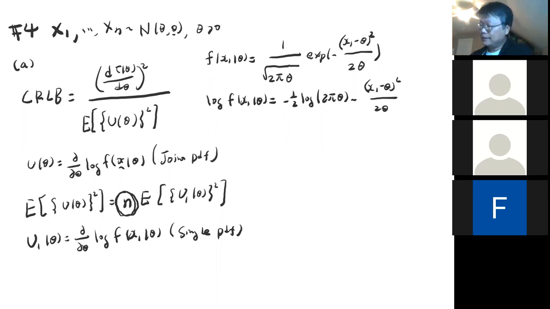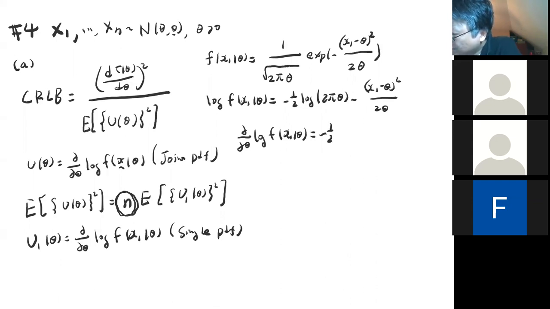Then by definition, you derive the score function, the partial derivative with respect to theta of f of x1 given theta, which equals minus half times, for this one, 2 pi theta inverse, then times 2 pi as a chain rule.